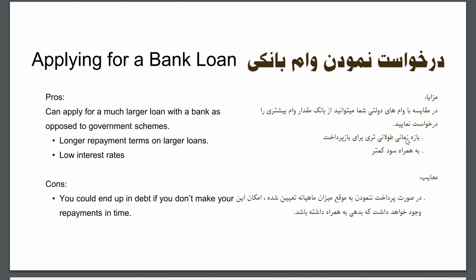Okay, so when applying for a bank loan, you can apply for a much larger loan with a bank as opposed to government schemes. You also have a longer repayment term on larger loans and a low interest rate.